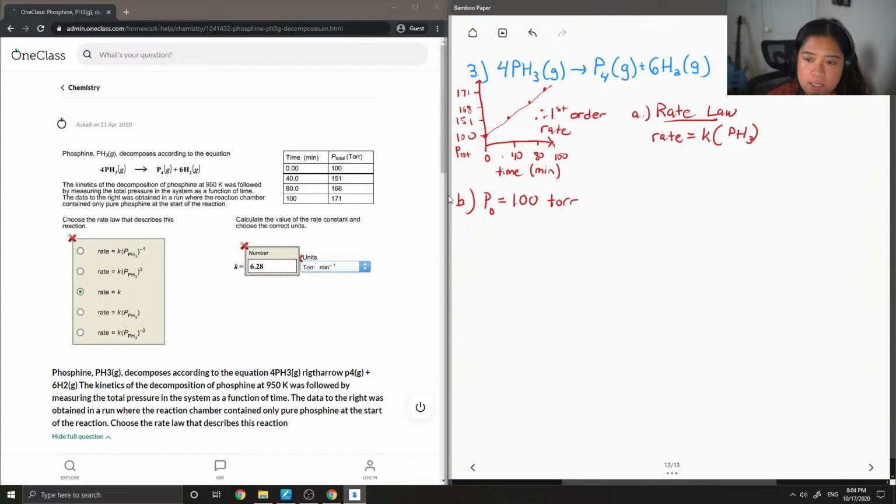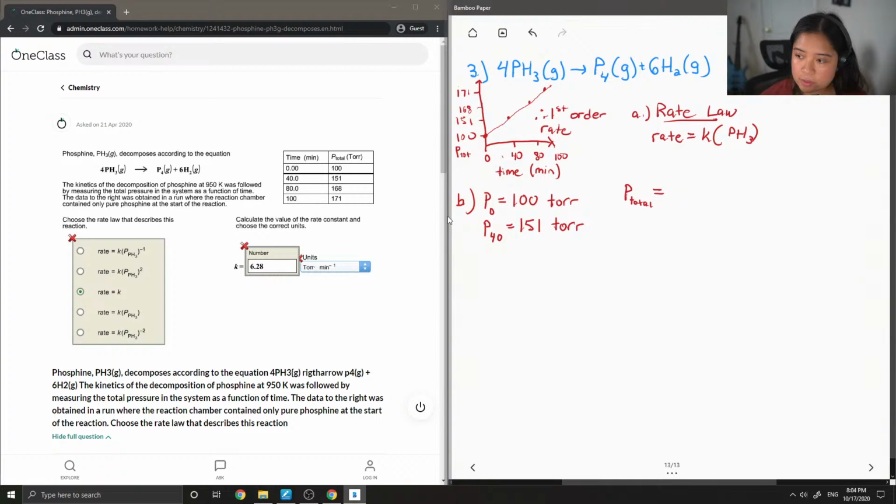And then I'm just going to take one of the values at a given time. So I'm going to look at the pressure after 40 minutes, and that is equal to 151 torr. But you can use any given X or Y values. And then I'm also going to write down the expression I would get if I wanted to calculate P total.